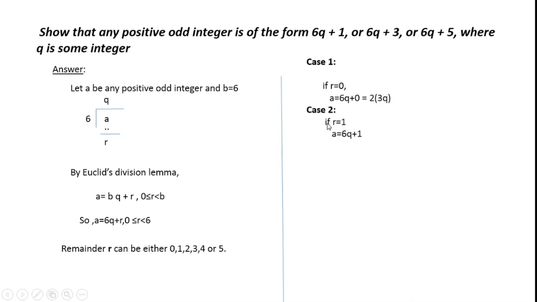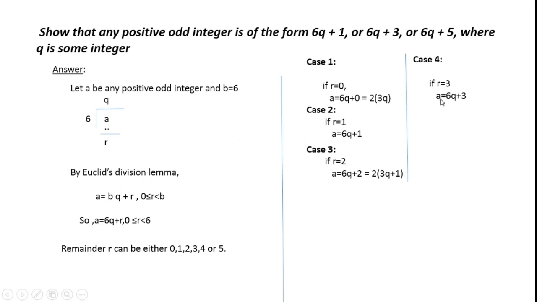The case 2. If r equal 1. Here in the place of r, we are giving the value 1. So a equals 6q plus 1. The case 3. If r equal 2. a equals 6q plus 2. This we can write as 2 into 3q plus 1. The next case, if r equal 3.